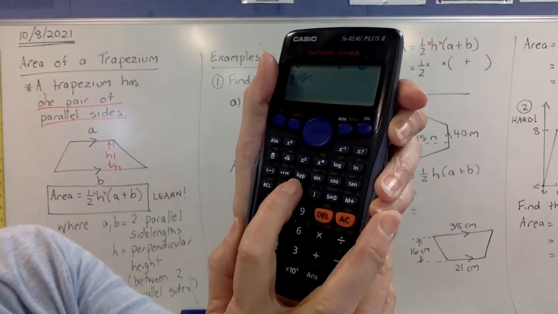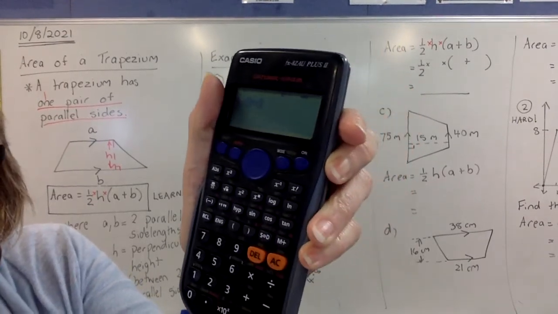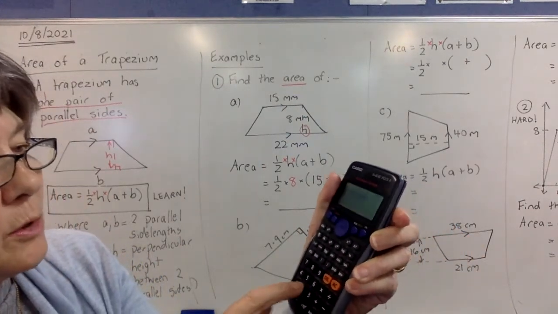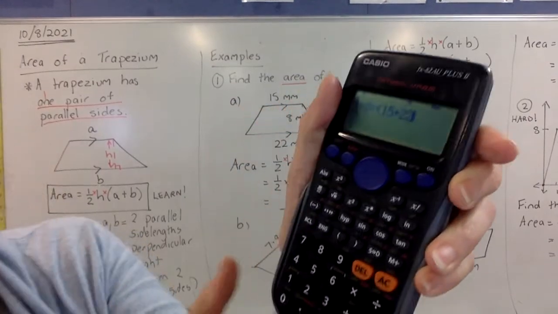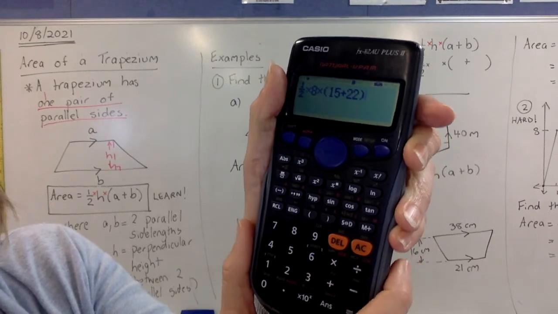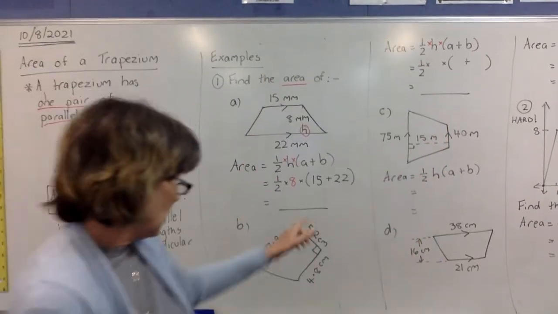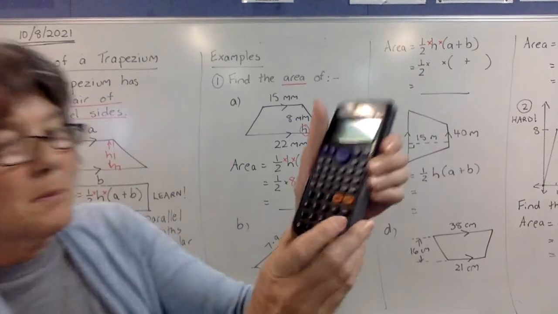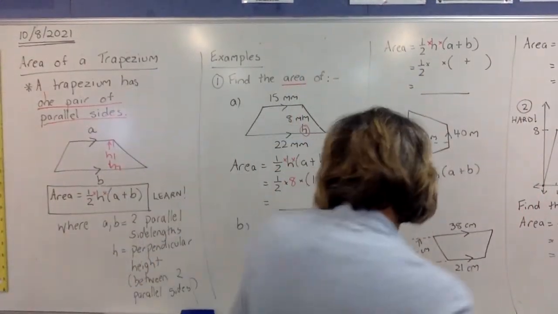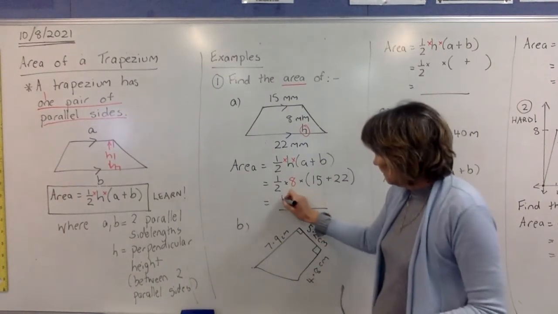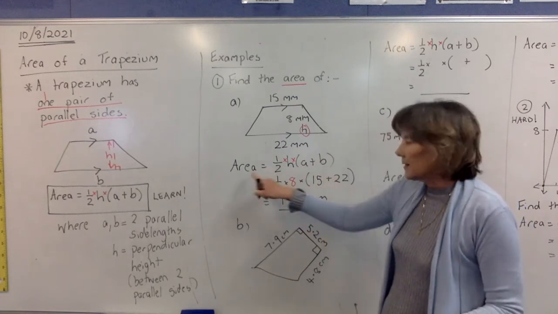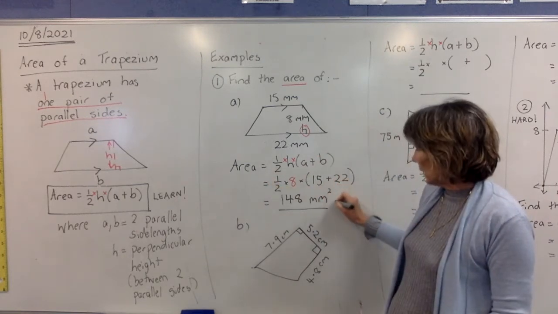So we do open bracket, then 15 plus 22, and then close the bracket off. If you look at my screen, it looks identical to my working line here. If it looks the same, you then press equals, and you get your answer, 148. So we write 148 down. Our units are millimetres, and it's area, so we have to have units being squared.